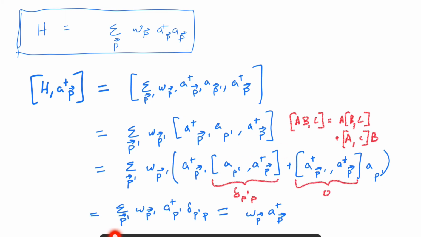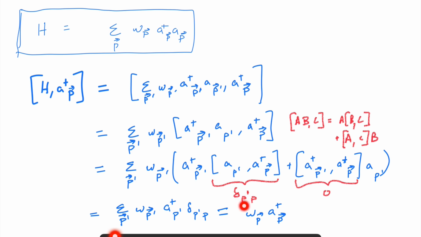Now I remember my commutation relations that we derived in the previous lectures, that the commutator of a p with a dagger of p is this. This was a very important relationship that we realized was a consequence of the quantum field theory equivalent of the commutator of x and p equals i from quantum mechanics, and it yielded this relationship for commutators between a and a daggers.